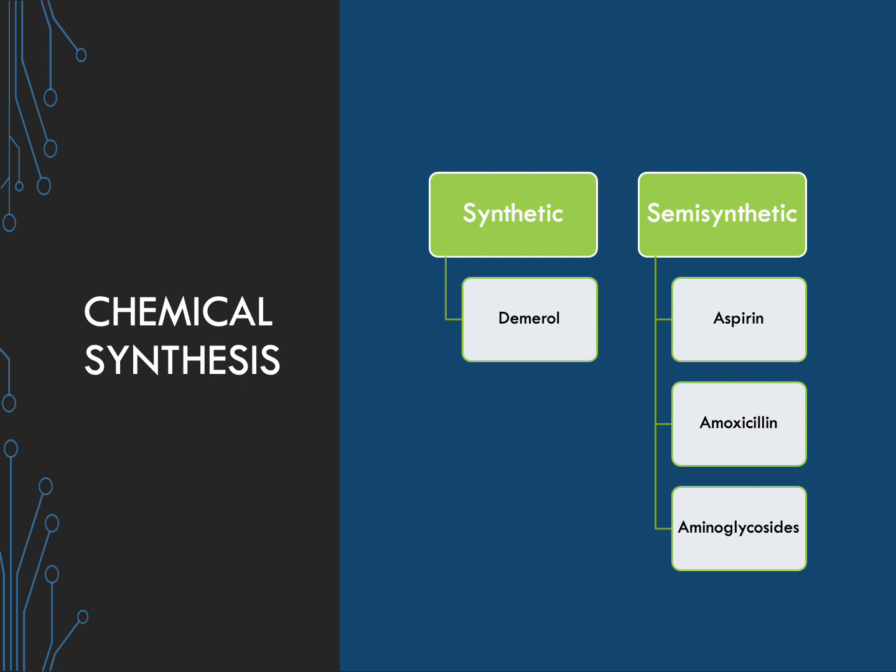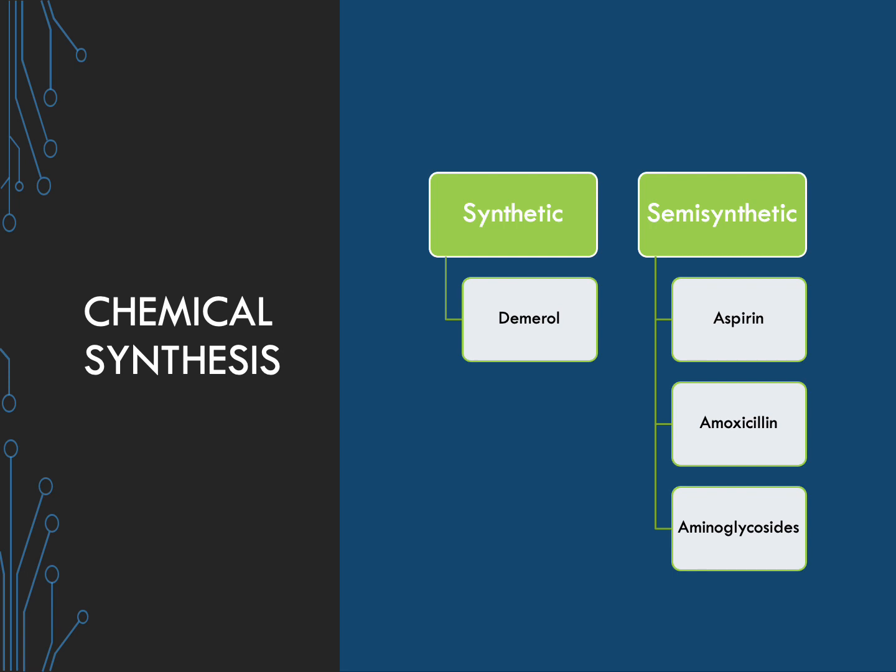Now, to synthesize semi-synthetic drugs such as various antibiotics, amoxicillin is a good example, scientists will first extract the active substance from penicillin mold, and then they'll purify it and alter it using chemical processes.